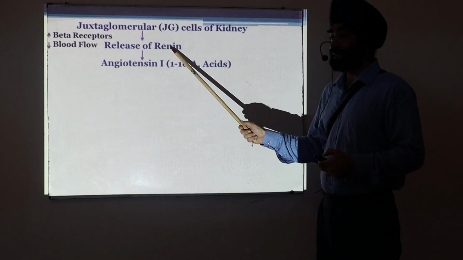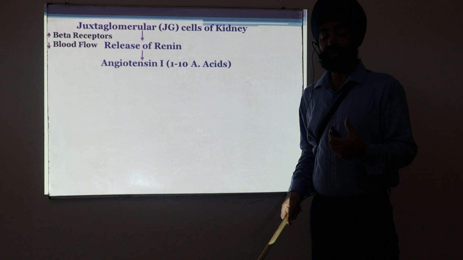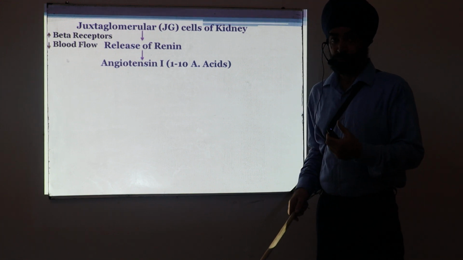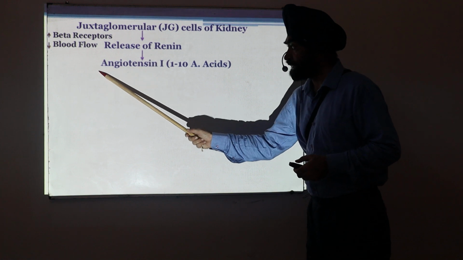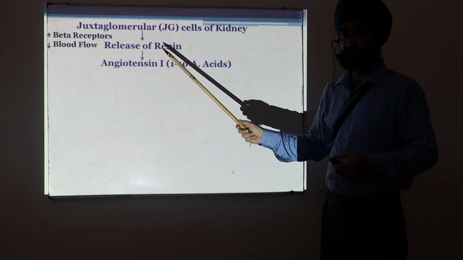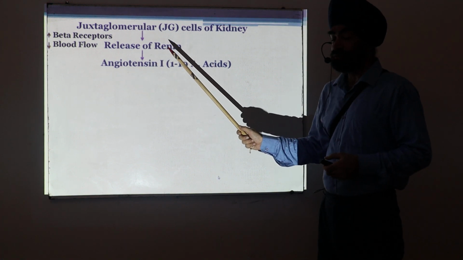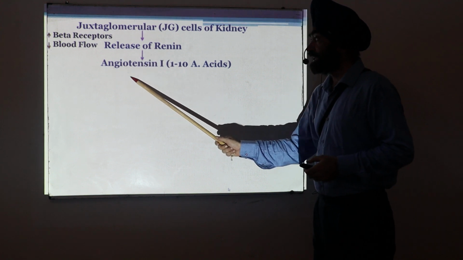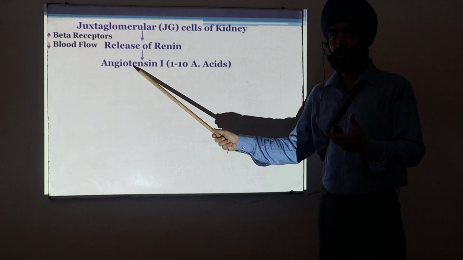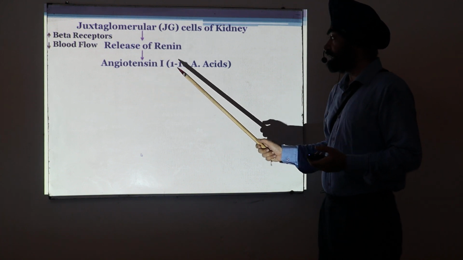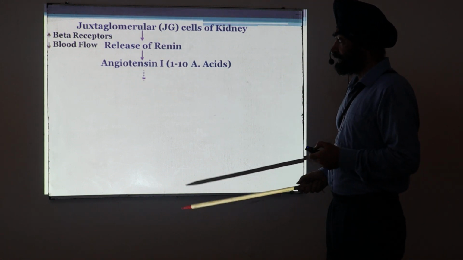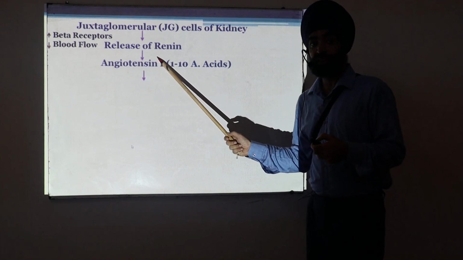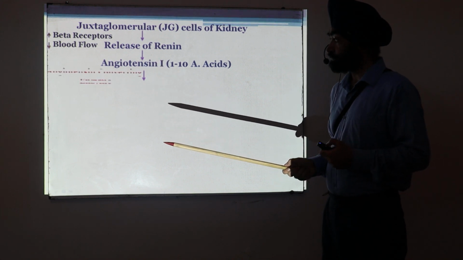This renin acts on the protein called angiotensinogen. This angiotensinogen is converted into angiotensin 1. So you can see renin leads to the formation of angiotensin 1. Angiotensin 1 is a short peptide comprising amino acids 1 to 10, and it is not that biologically active.